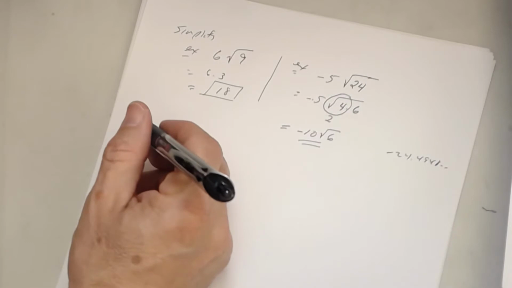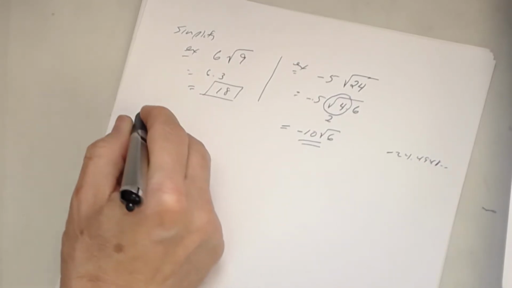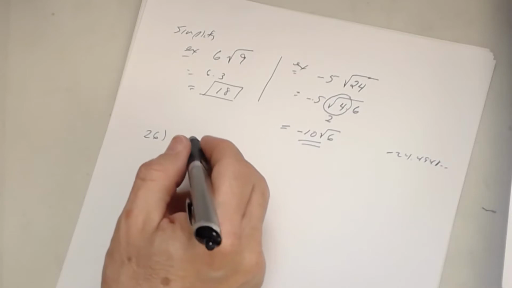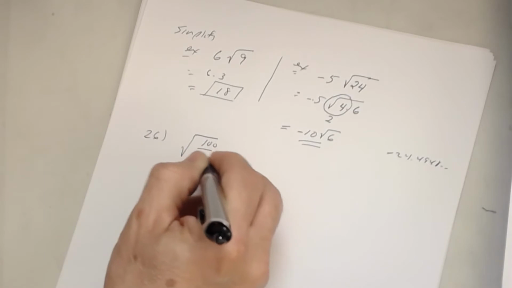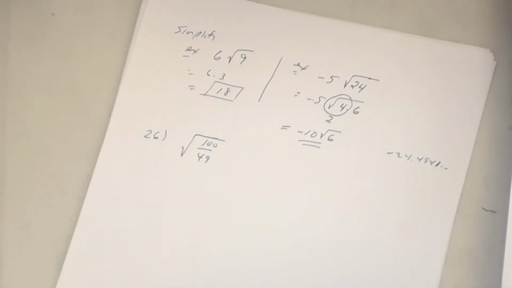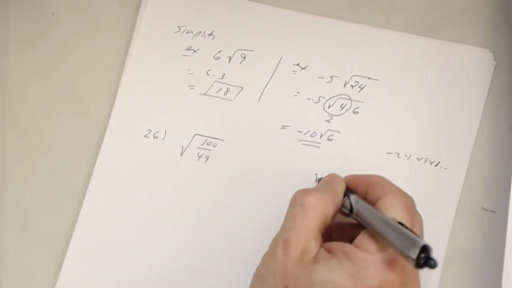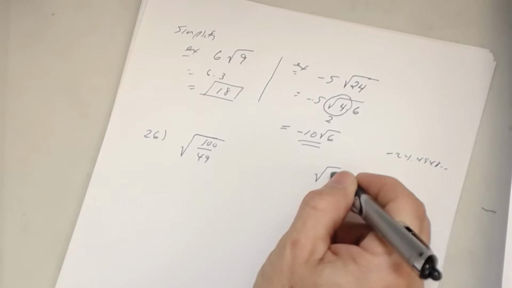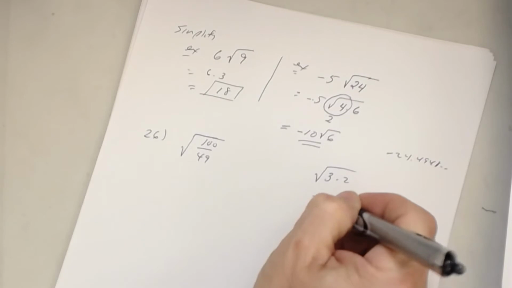So this is number 26. Number 26 is the square root of 100 divided by 49. Well, you remember when we first started talking about this product, when we said the square root of 3 times 2 means the same thing as the square root of 3 times the square root of 2.